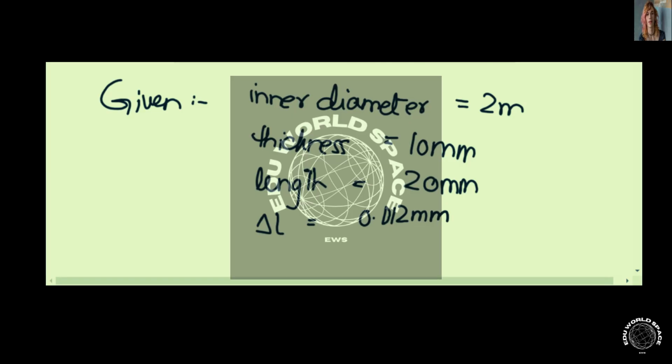What we are required to do here is determine the pressure that is causing this deformation, and find the maximum in-plane shear stress and the absolute maximum shear stress.